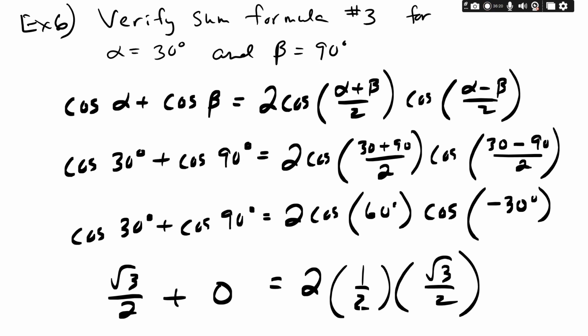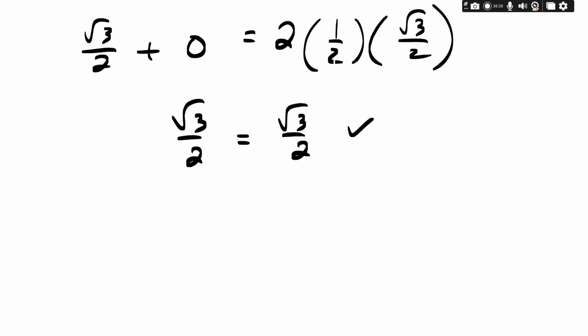And again, we're just verifying that the right side and the left side will give us the same value. That's all. And they sure do, right? One side will give us root 3 over 2, and the other side will give us root 3 over 2, as a pair of 2's will cancel on the right-hand side.